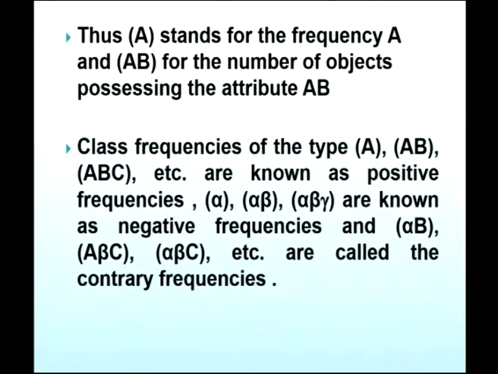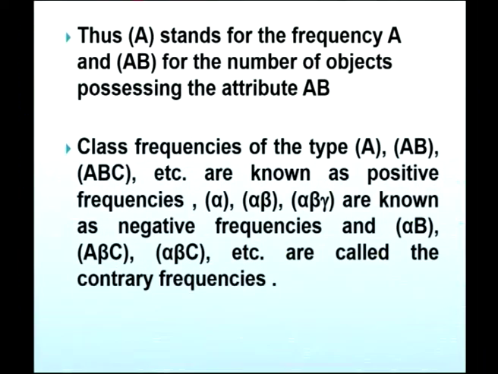Similarly, alpha, alpha beta, alpha beta gamma are known as negative frequencies, and alpha B, which is a combination of possession and non-possession, are called contrary frequencies. So, A, AB, ABC are called positive frequencies, being the possession of the attributes. Alpha, alpha beta, alpha beta gamma represent the non-possession of the attributes, and they are called negative frequencies.